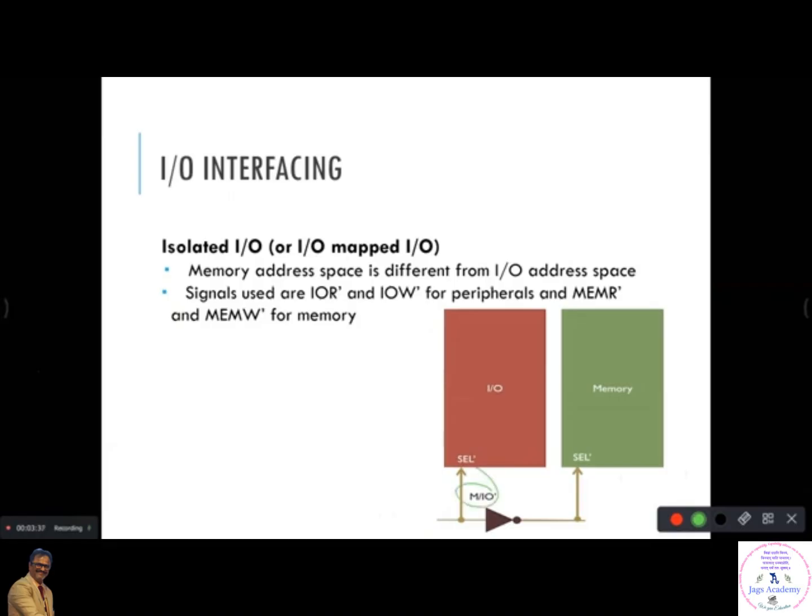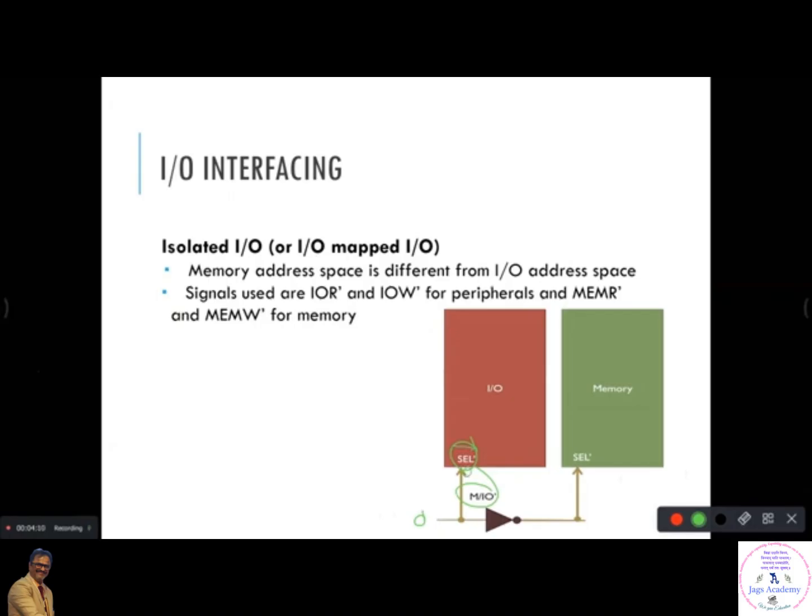As I told you, when the signal is 0 on memory bar I/O, it is actually selecting the I/O devices. When the signal is 0 on this, which is a select bar, this is enabled.